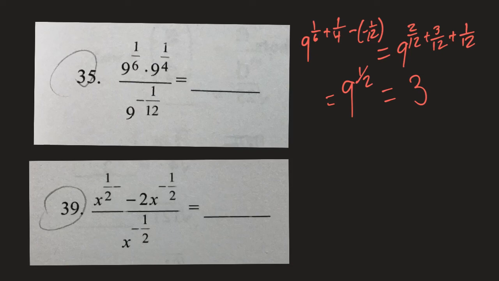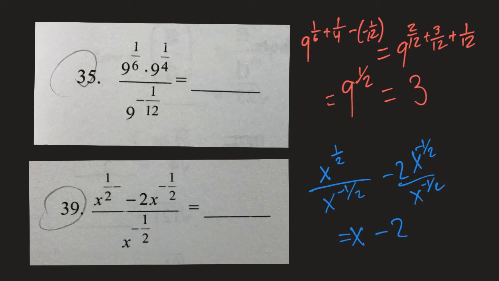And take a look at number 39. So with 39, we can break up our rational into two fractions. We have x to the power of 1/2 over x to the power of negative 1/2, and we're subtracting 2 times x to the power of negative 1/2 over x to the power of negative 1/2.